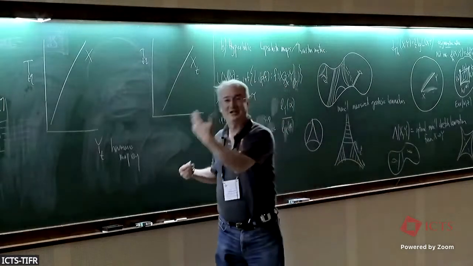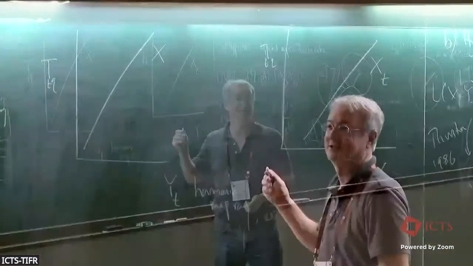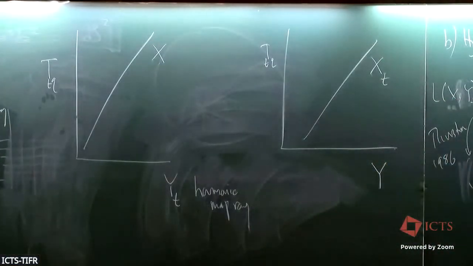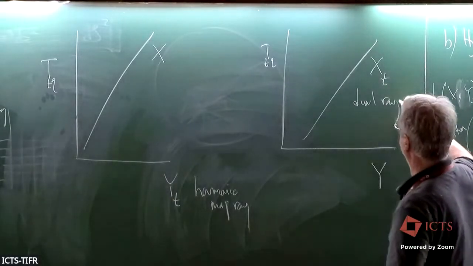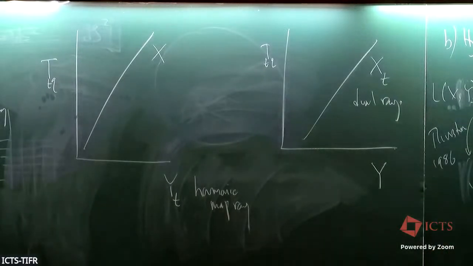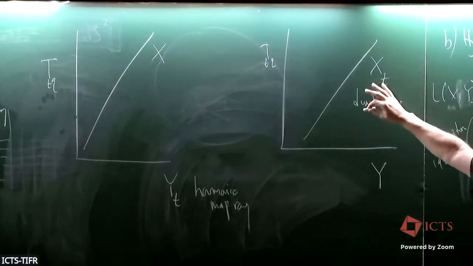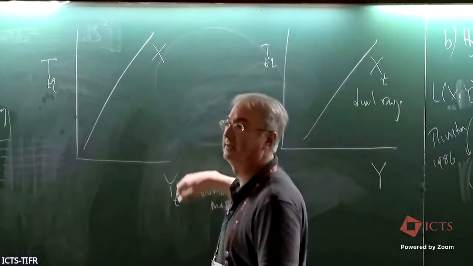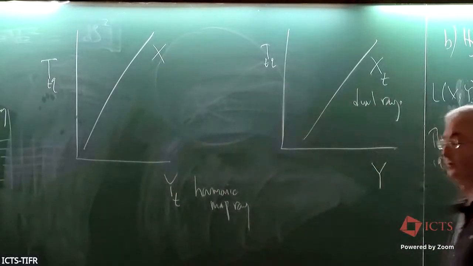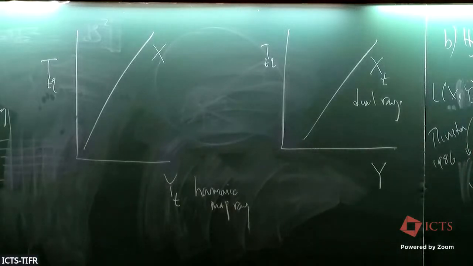If you change one and fix the other, the third changes. And so this is the dual ray. These are the ones that will eventually become Teichmüller geodesics, and these are the ones that will eventually become Thurston geodesics, or approximate.